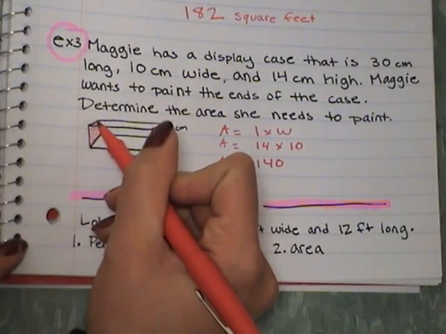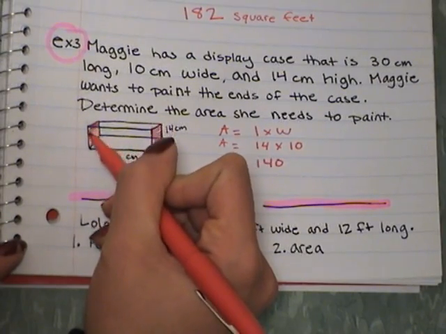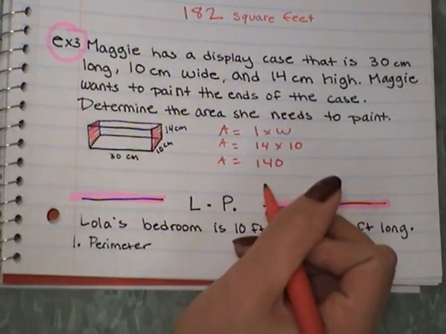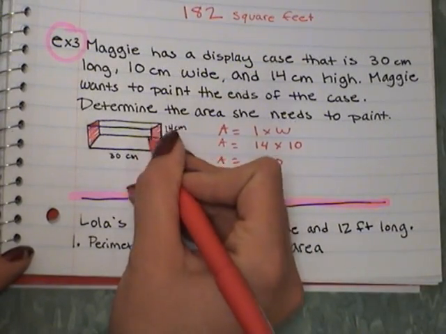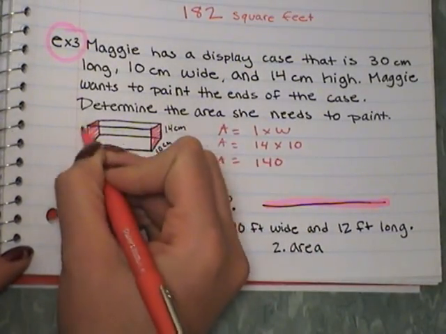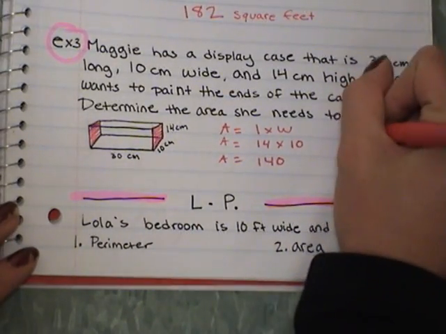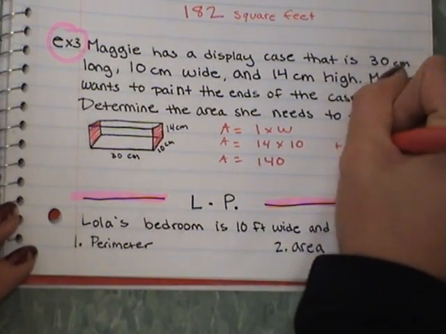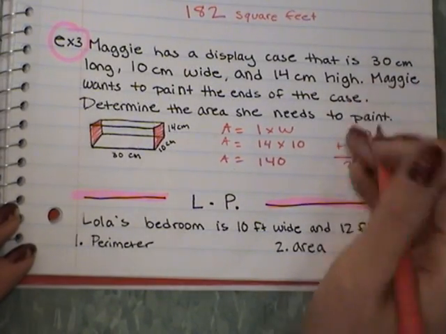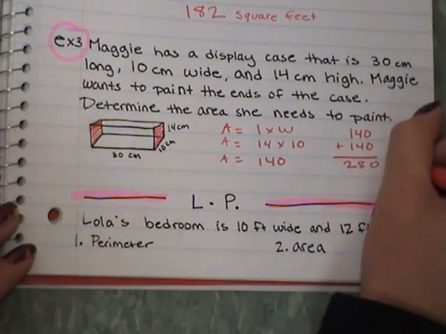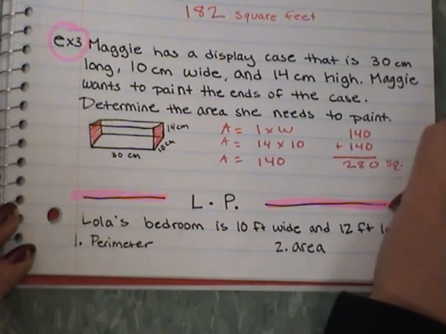And she wants to find how much is the area of both. So for that, I'm going to double it. So I'm going to have 140 square centimeters here and 140 square centimeters there. So 140 plus 140, or you can multiply, equals 280 square centimeters.